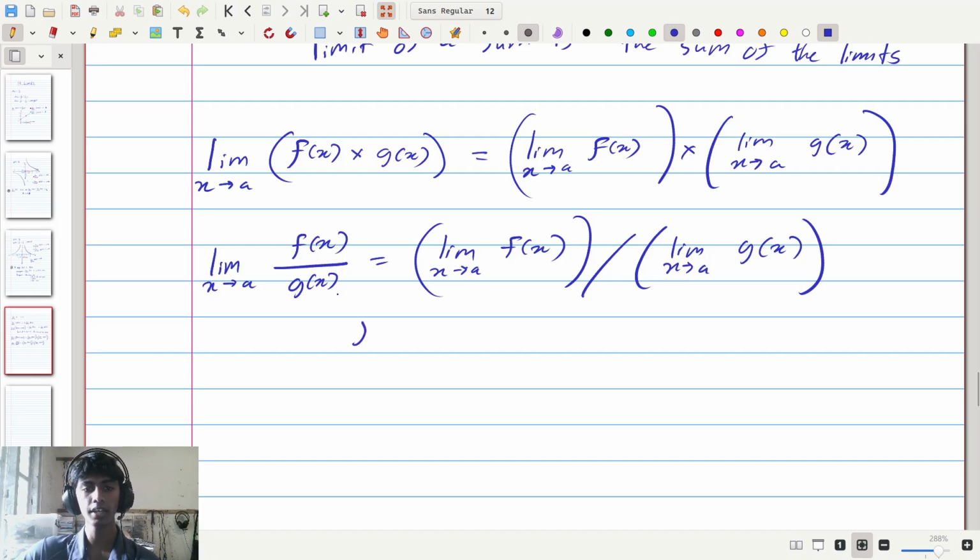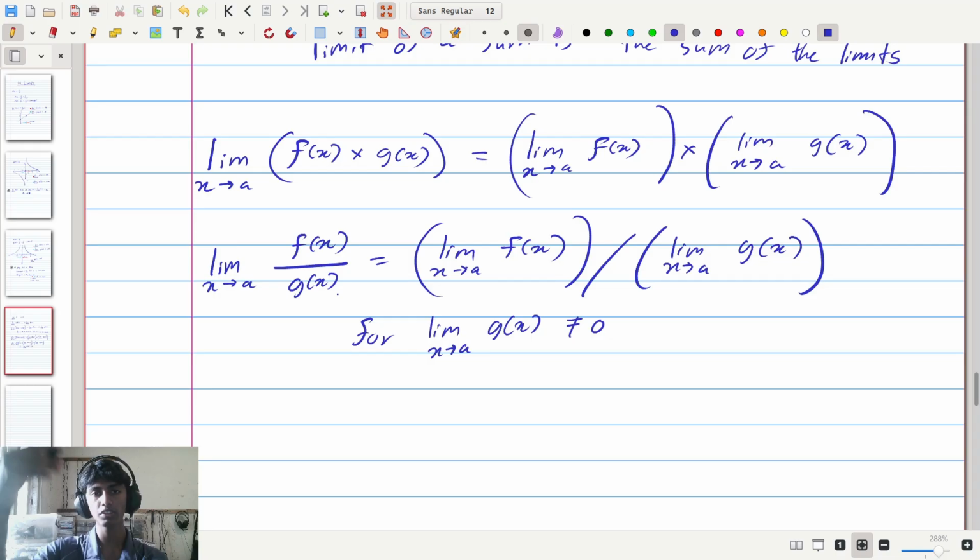So this is only valid for the limit as x approaches a of g of x not equal to 0, because otherwise we have a divide by 0, which is a little issue. So excluding that case, if the limit as x approaches a of g of x is not equal to 0, then the limit of f of x divided by g of x is the limit of the first function divided by the limit of the second function.